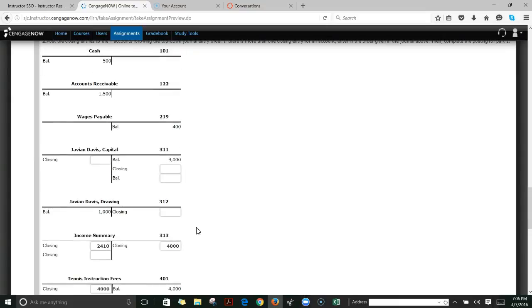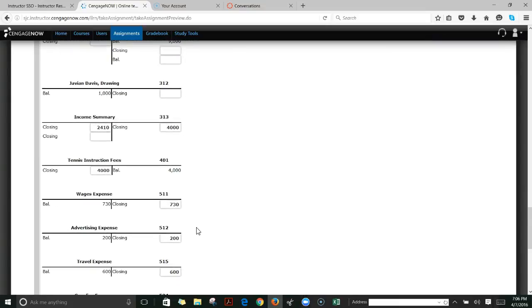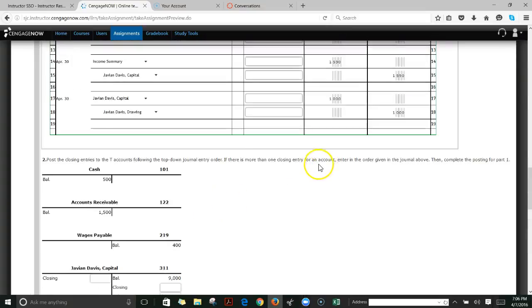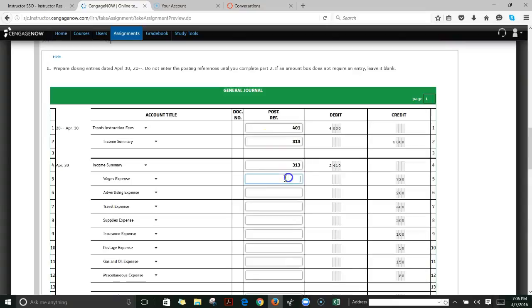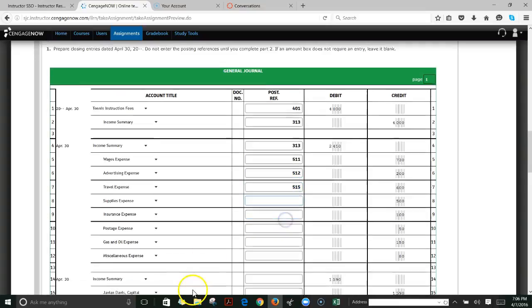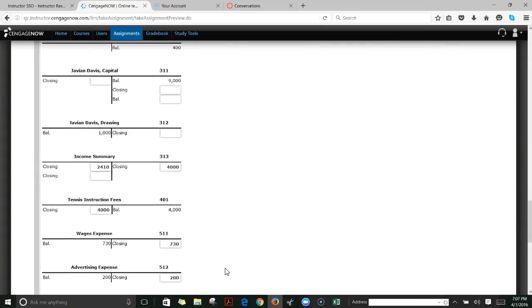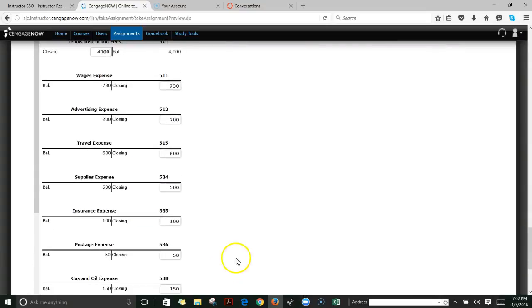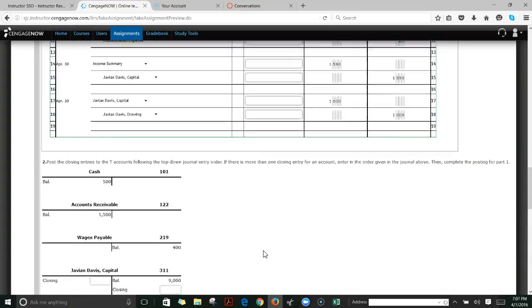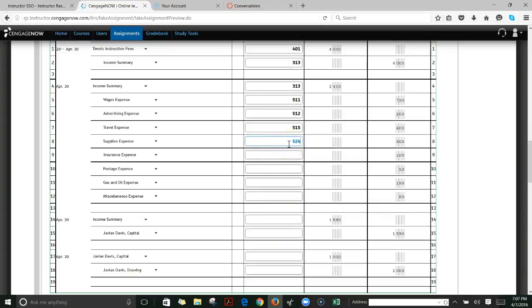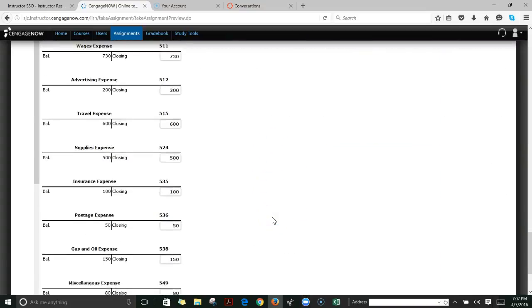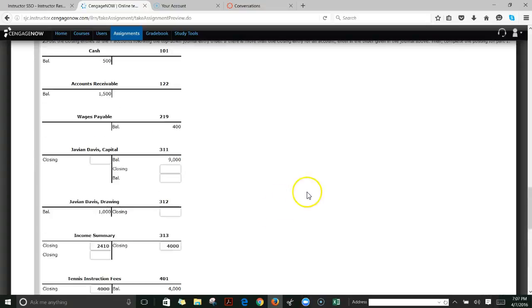The first account number was 511, 512, and then 515, and then supplies expense was 524, 535, and 536. And then the next ones, 538 and 549.